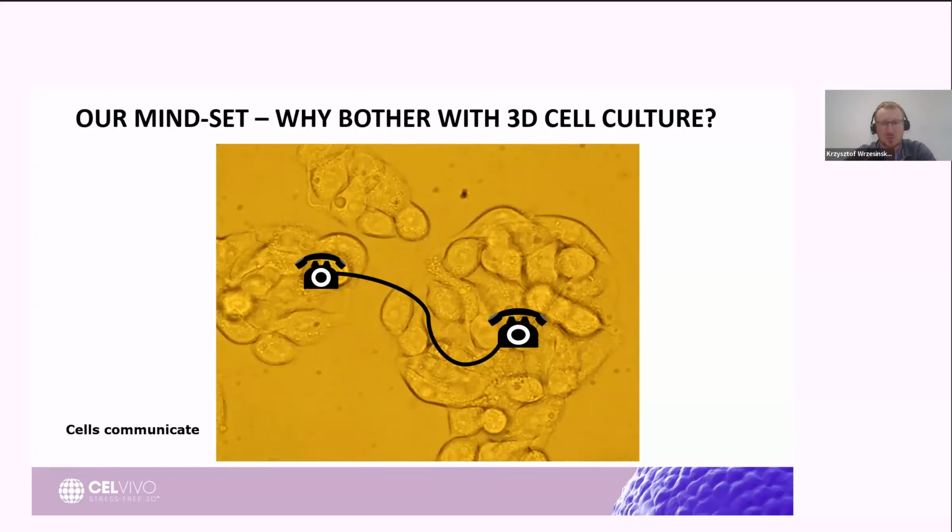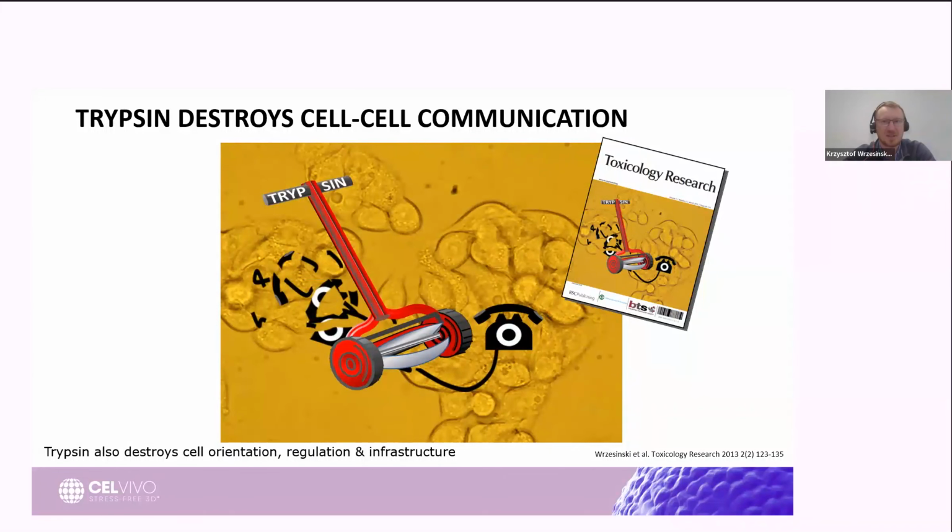Cells, to function normally, need not only nutrients and gas exchange. They also need communication. And in traditional 2D, communication is a very, very limited factor. Additionally, due to technological necessity, we actually regularly destroy those communications.